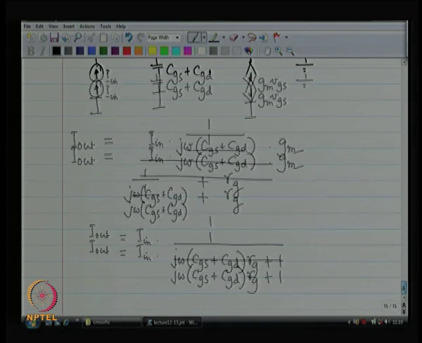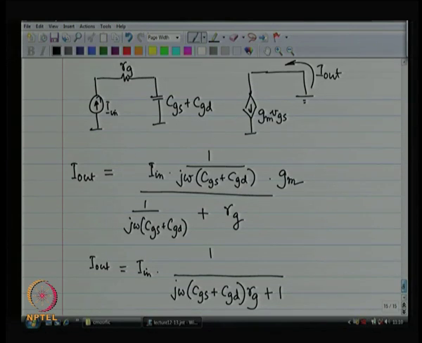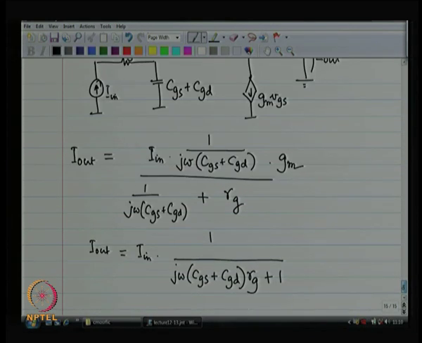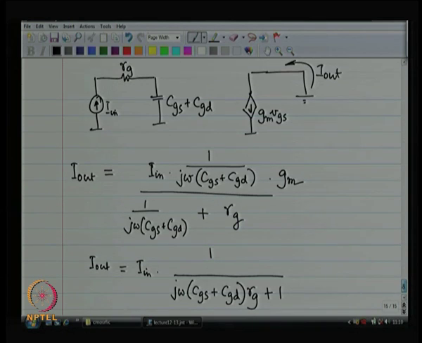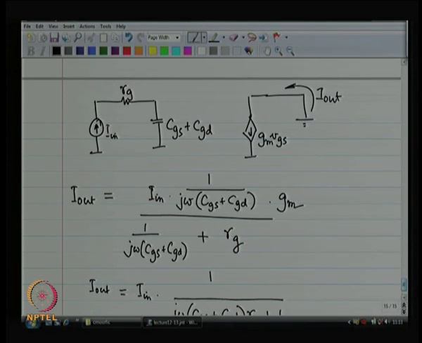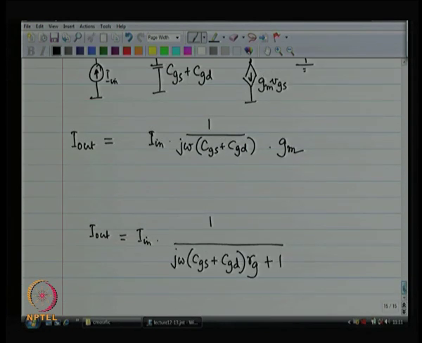I_in, no, this is correct. I have got to have made a mistake.